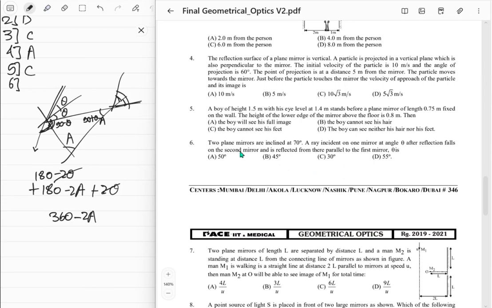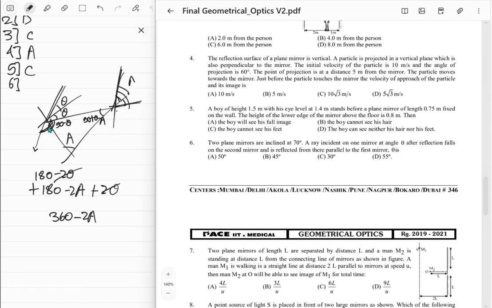Now let's get to the question. They are saying A is 70 degrees, and after this happens, this reflected ray is parallel to the first mirror, so it goes in this direction. So if it's parallel to this, then this angle must be A, because clearly that must be the case.